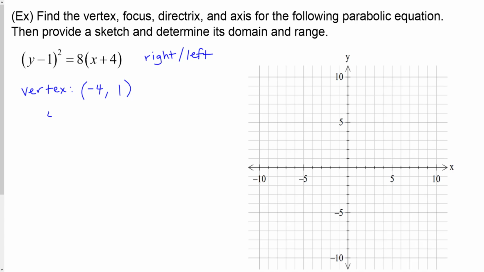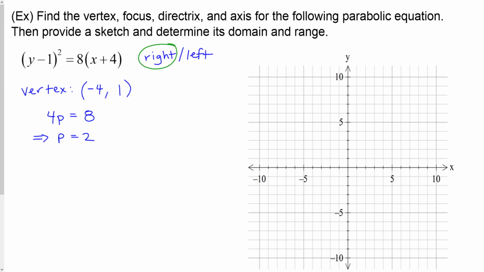All right, now this time 4 times p is equal to 8, and if you solve that, then you get p is equal to 2. And that's the distance between the vertex, the focus, and the directrix. Now, it's a positive number, so that means I'm going to be opening in the positive direction. So this parabola is going to open to the right. Now I'm going to start putting some things on this graph.